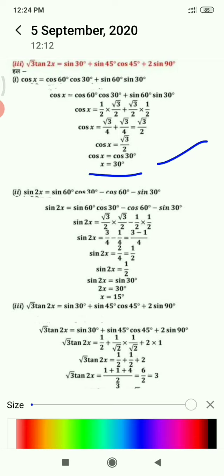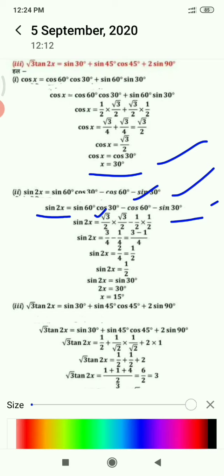Second problem: sin 2x is equal to sin 60 cos 30 minus cos 60 sin 30. Again the values will be the same. We know that sin 60 is equal to root 3 by 2. In the RHS portion, we put sin 60 equal to root 3 by 2, cos 30 root 3 by 2, minus cos 60 1 by 2 and sin 30 1 by 2.